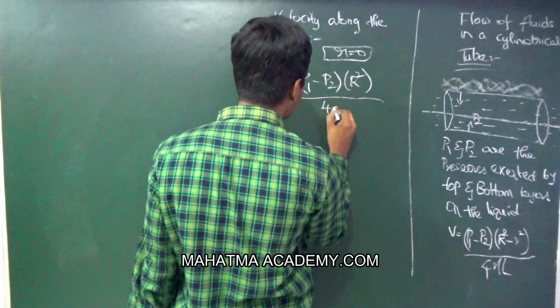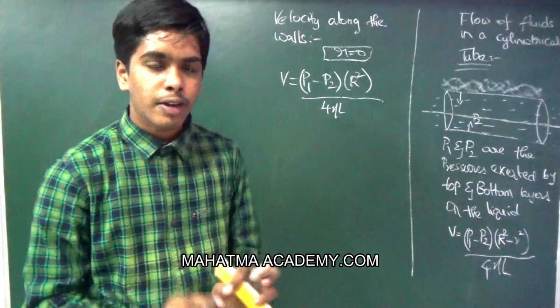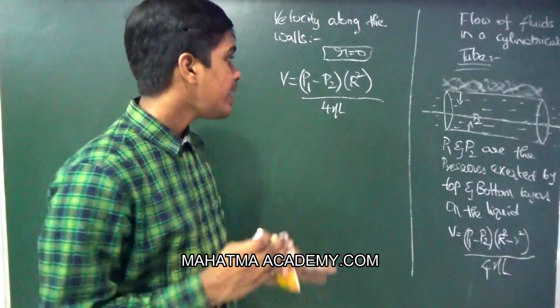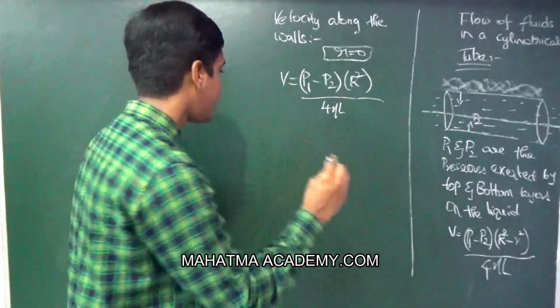Now we have seen from this that the velocity is maximum along the walls of the container.